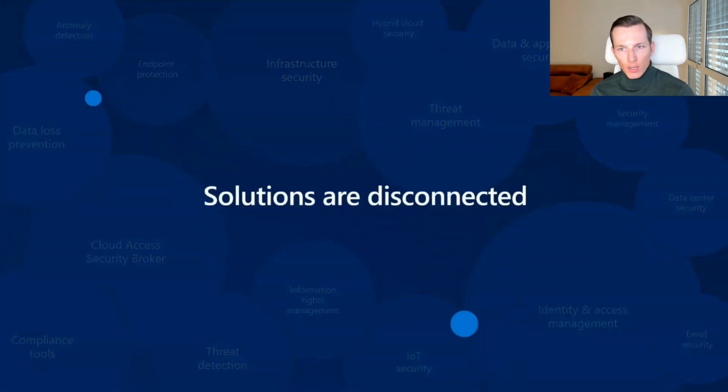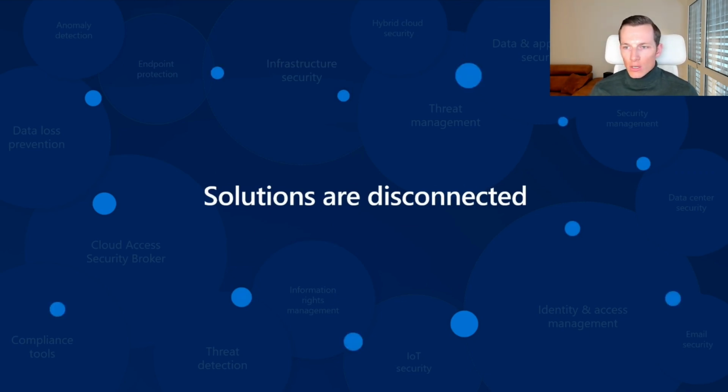Since attacks have become more complicated and more multi-staged, it is very important that they can talk with each other, that they click together. Because otherwise, the security analyst needs to take all the signals individually from each solution, put them together and make a story out of it. And that is very difficult and time consuming.